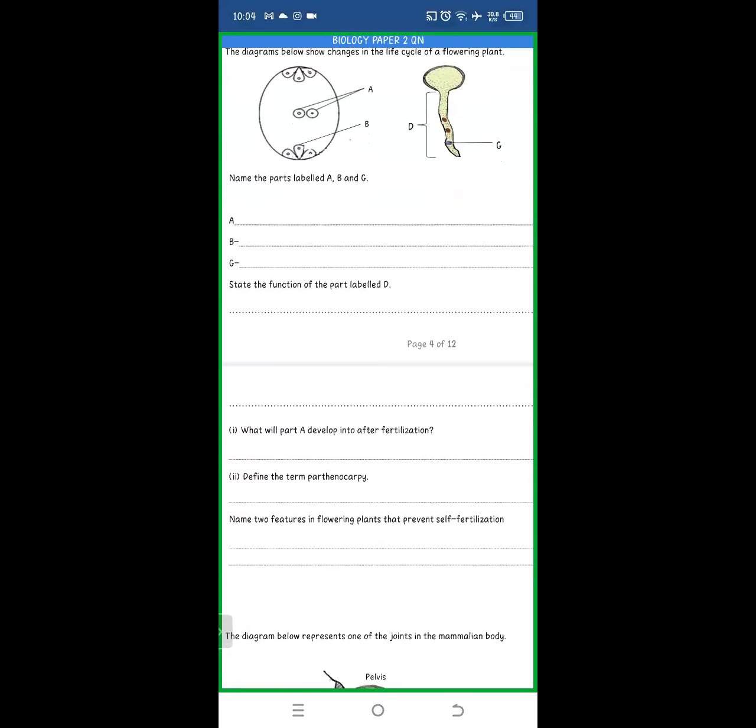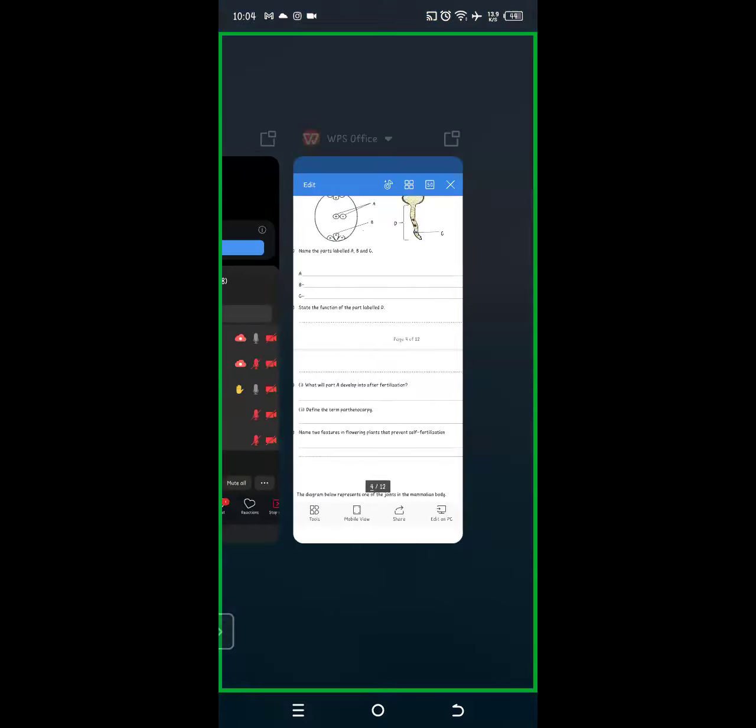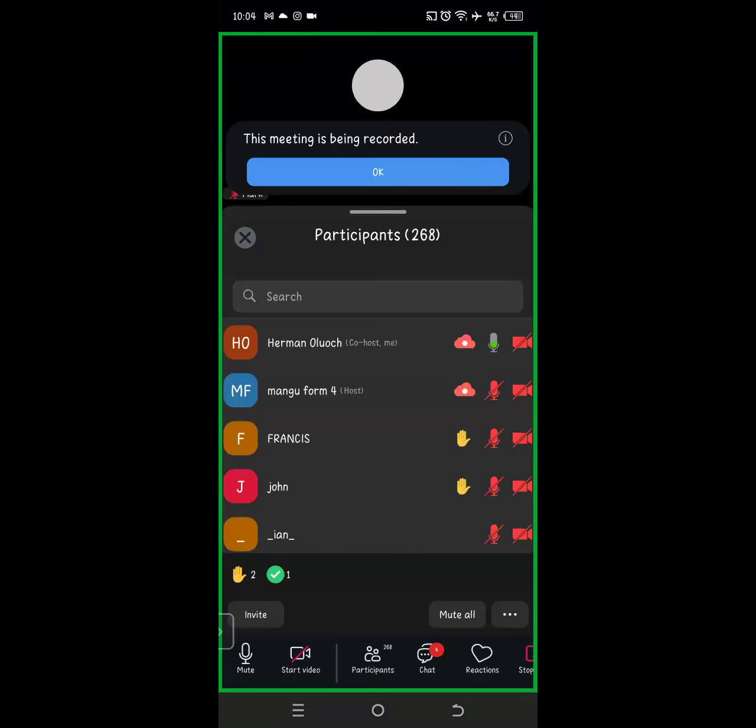What will part A develop into after fertilization? Any responses? And part A is the polar nuclei. What will it develop into after fertilization? Yes, we have Francis.